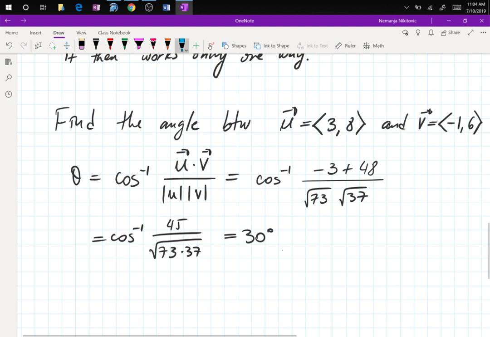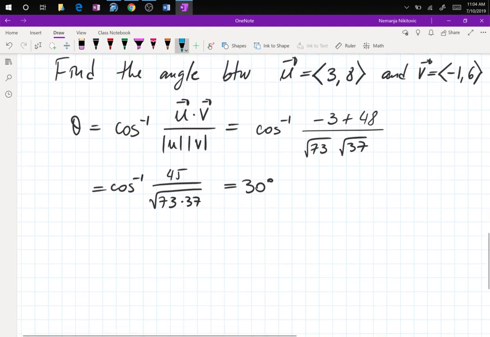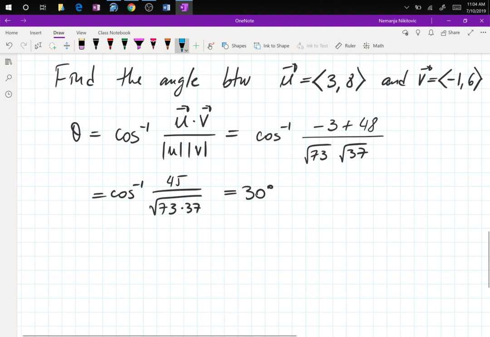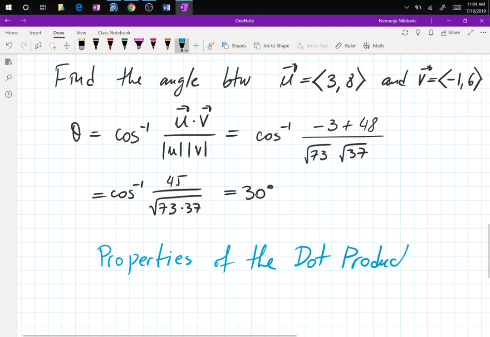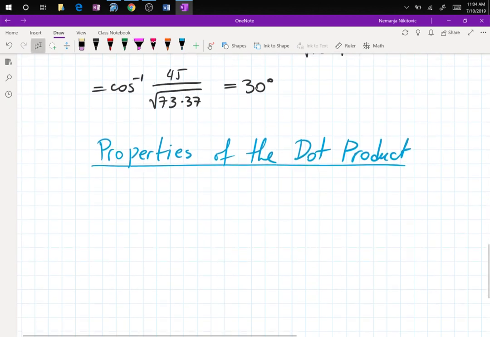Properties of the dot product, something that the honors should be able to prove. Again, plug and chug. So yesterday we had those 10 properties for vector operations. Today we have 3 properties for dot product.